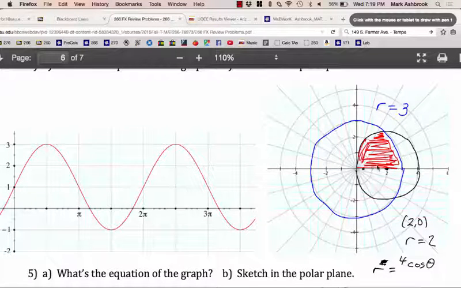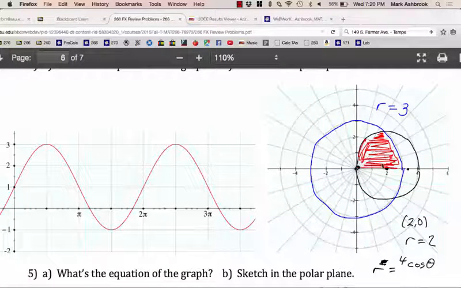Here's the key. It's defined by the blue curve until the intersection point, right? So we start at theta equals 0 and start sweeping. The area is defined by the blue curve up until that intersection point. And then when theta surpasses that, that area is defined by the black curve. 2 integrals, right? You're going to add this first integral for the blue equation.